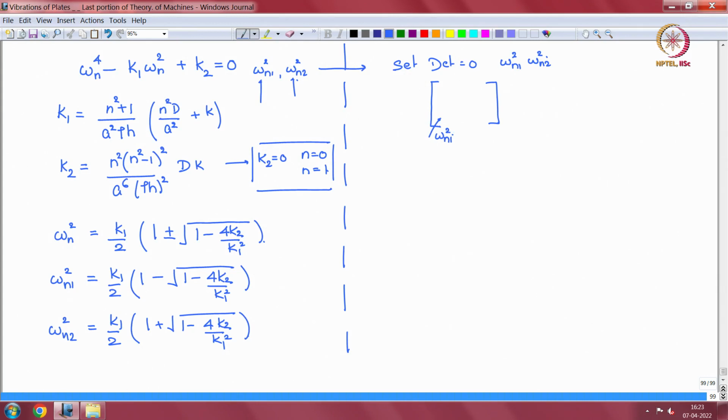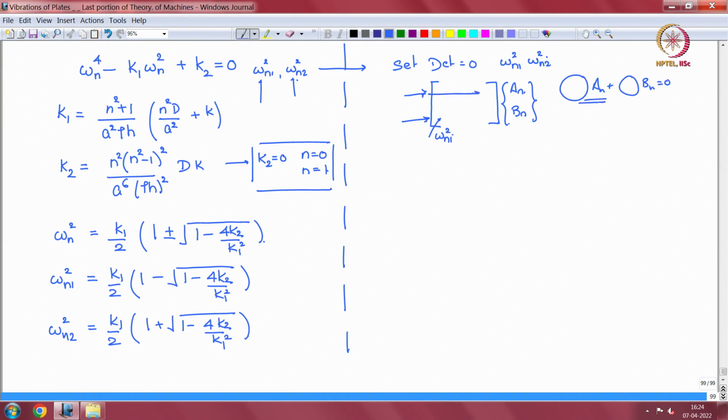Okay. Then what will happen is because these are eigenvalues, the matrix is singular, that means it drops its rank. So you can solve for an in terms of bn or bn in terms of an. Any one equation is equivalent. So you will get something times an plus something times bn equal to 0 from the top equation, let us say.